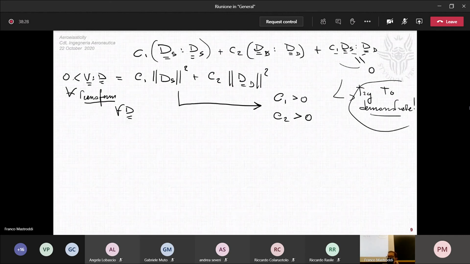Okay? This is something like saying that a damping coefficient is always positive if it is a damping coefficient. And these C1 and C2 have the role of damping coefficients.